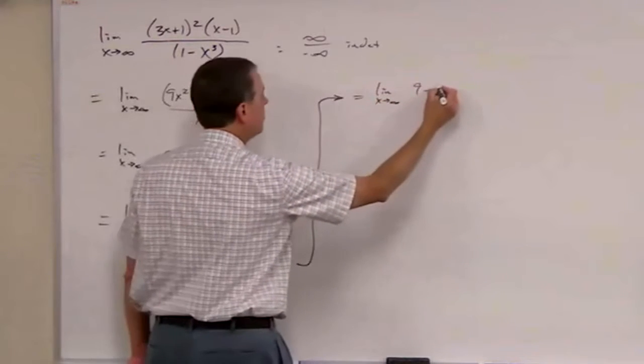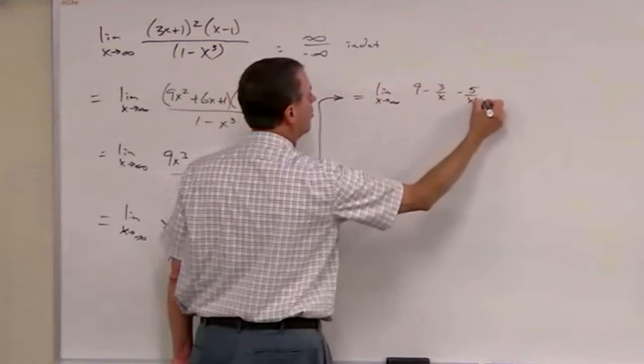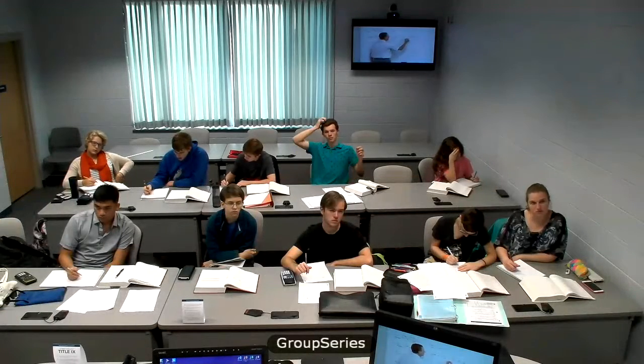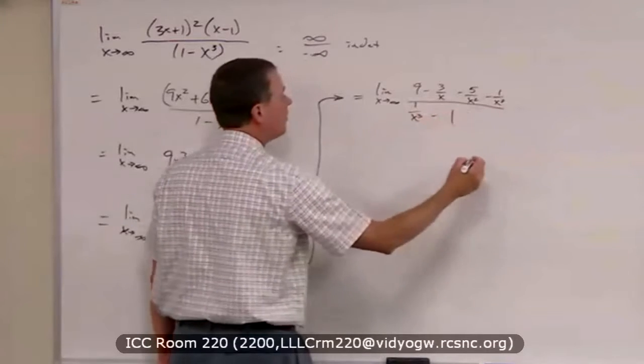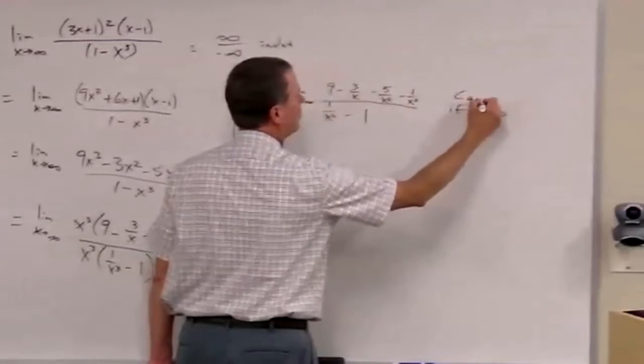So we can say that this is 1 minus 3 over x minus 5 over x squared minus 1 over x cubed, over x cubed minus 1. If x is not equal to 0, we can cancel.